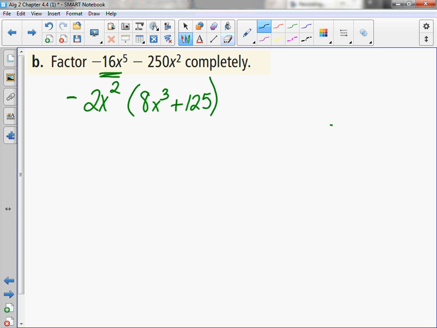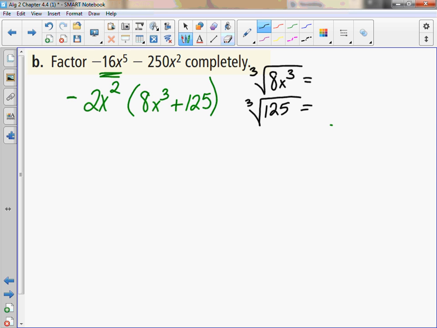Okay, now let's see what the cubed root is of 8x cubed and the cubed root of 125. And really, when we're taking this cubed root, we're not only just checking it, we're also seeing what a and b are, so that we can plug them in easier. I didn't mention that yesterday, but when we take the cubed root, we're finding our a and b values.